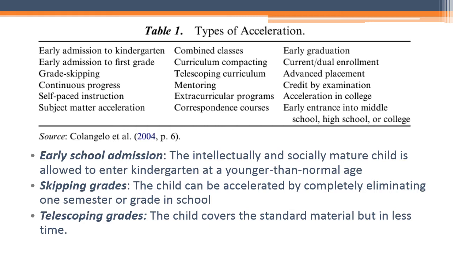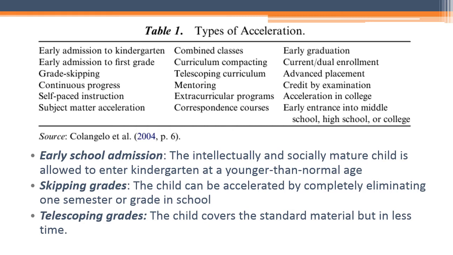Ito yung minsan na scenario sa atin, na mga 4 years old or 3.5 years old ay ipinapasok na sa preschool because they have this ability already to get along with the curriculum itself. Then skipping grades: what is accelerated is the grade of the student.